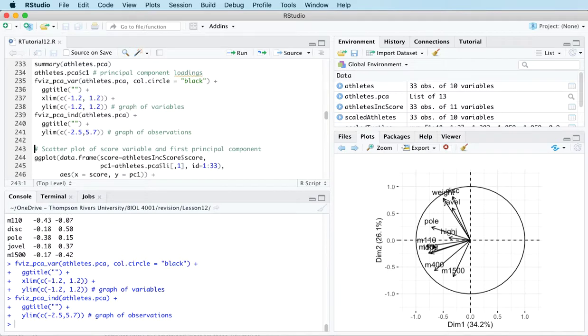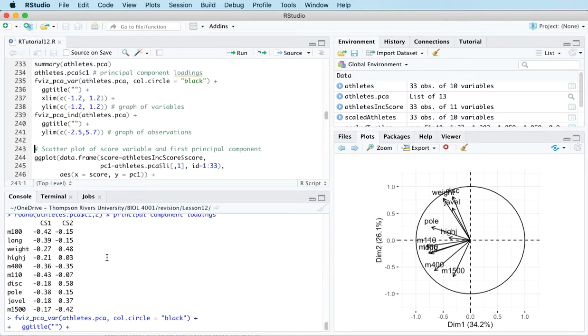Okay, what about dimension 2? The way to look at the loadings is to look where the large magnitudes are. They could be either large positive numbers or large negative numbers. So let's see. The large positive numbers: we've got 0.48 on the shot put, 0.5 on the discus, and 0.37 on the javelin.